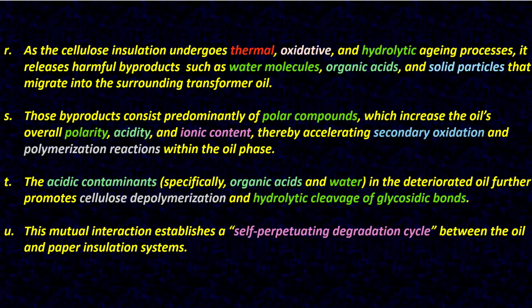The acidic contaminants, especially organic acids and water, in the deteriorated oil further promote cellulose depolymerization and hydrolytic cleavage of glycosidic bonds. This mutual interaction establishes a self-perpetuating degradation cycle between the oil and the paper insulation systems.